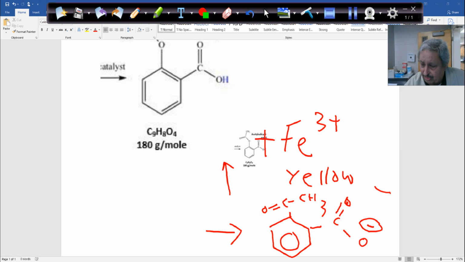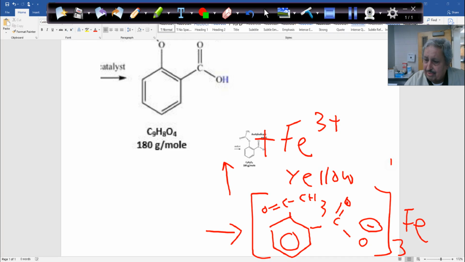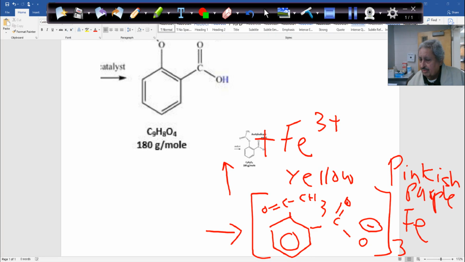You need 3 of those, and iron will come here. This is the pinkish purple color. Okay, guys? So the salicylic acid is there, but we took the OH out of the salicylic acid, correct? And we added the iron 3.